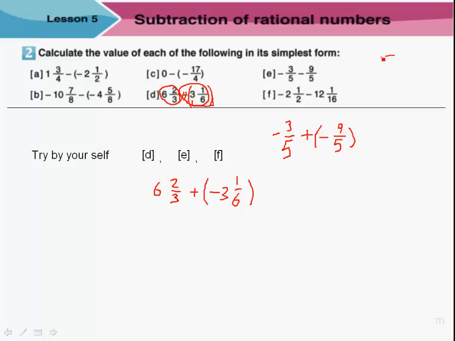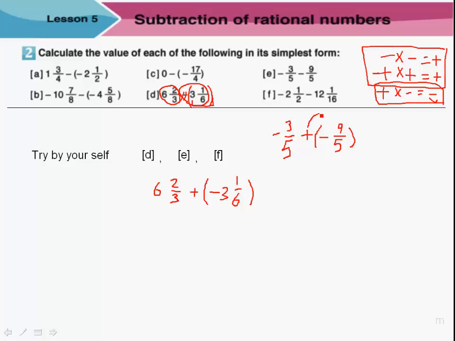You have to know minus times minus equal plus. Plus times plus equal plus. Plus times minus equal minus, which means if you multiply two equal signs, it will give a plus sign, and if you multiply two unequal signs, it will give a minus sign.